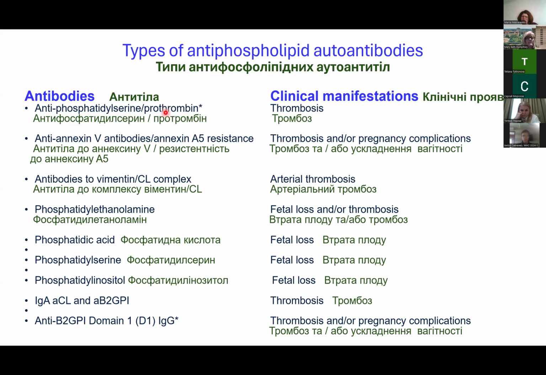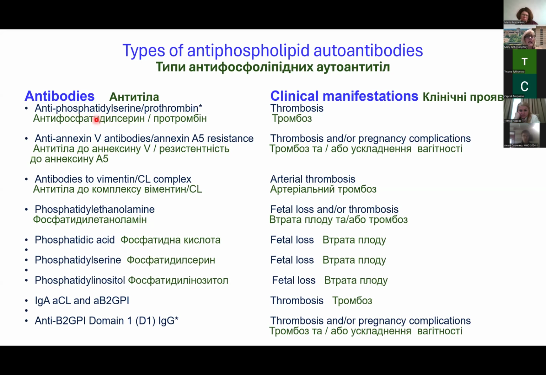So these antibodies, you can have one or more of these antibodies, and most of these up here are going to be IgG or IgM antibodies. But if you have a high titer IgA antibody, it can also cause disease.